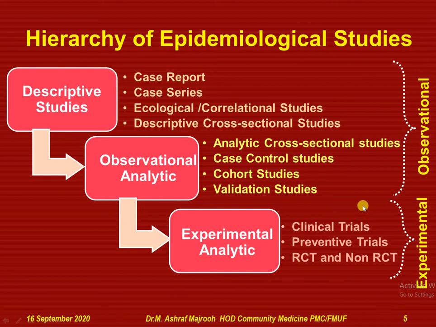Here it should be mentioned that this is the evolutionary hierarchy of the epidemiological study. This is not binding on the researcher. The researcher can straightaway select the randomized or non-randomized control trial, or he may select case control or cohort study or any study without caring about the evolutionary hierarchy of epidemiological designs.